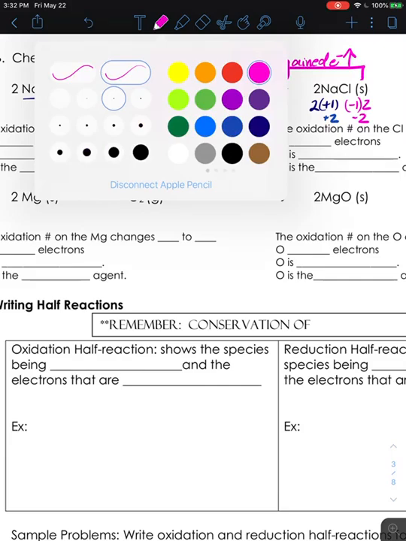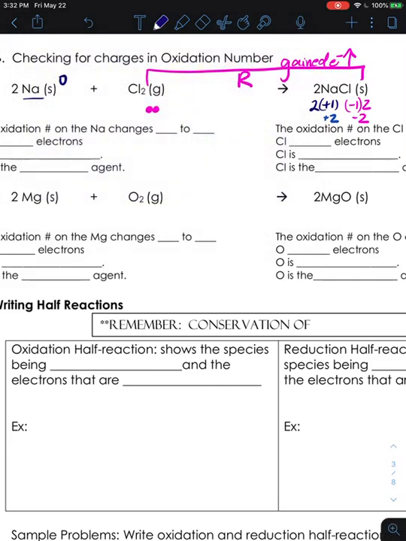On the flip side, you have something that went from 0 to a +2. Therefore, +2 means you lost. Losing electrons is oxidation.